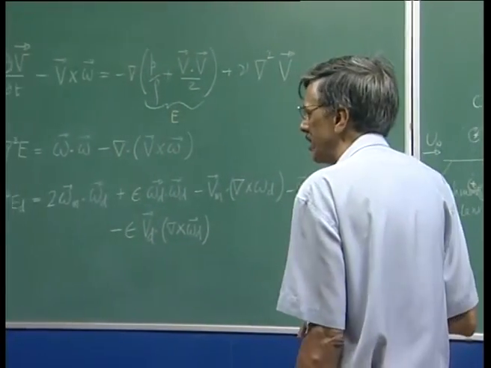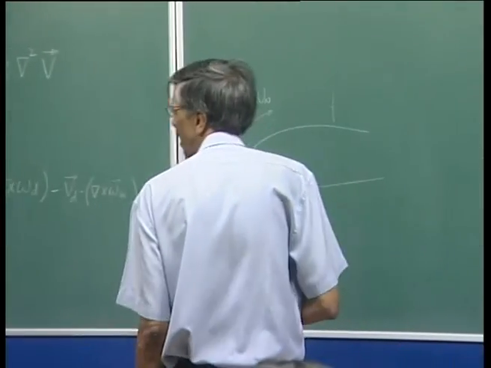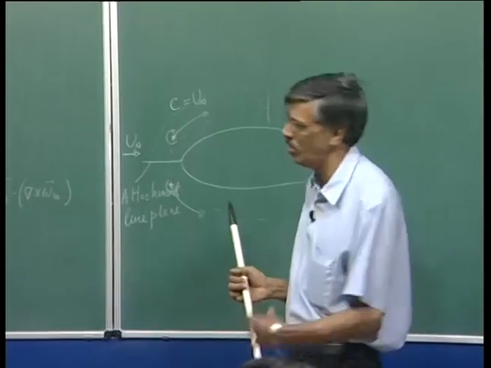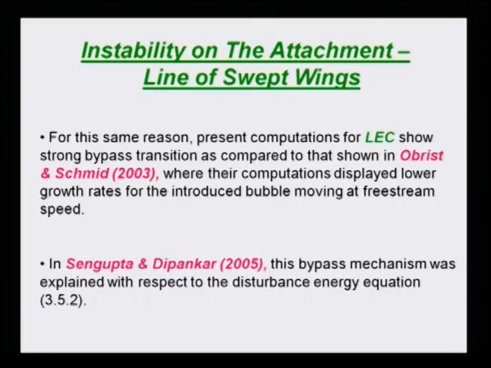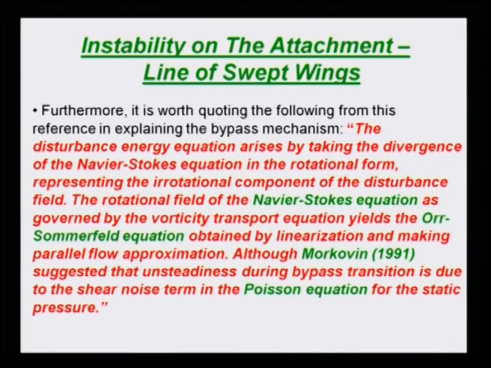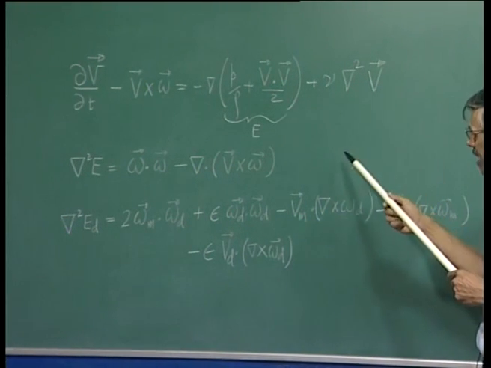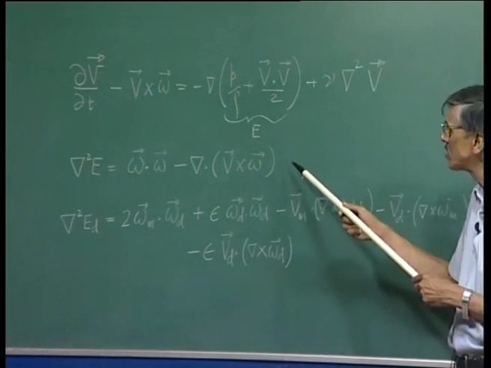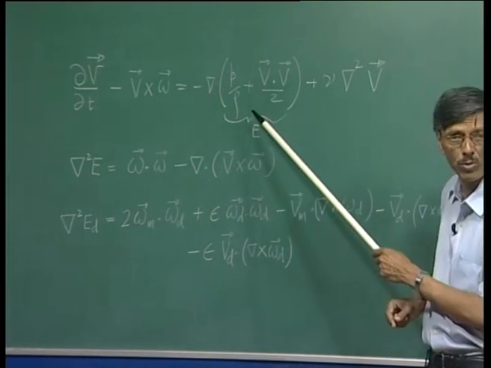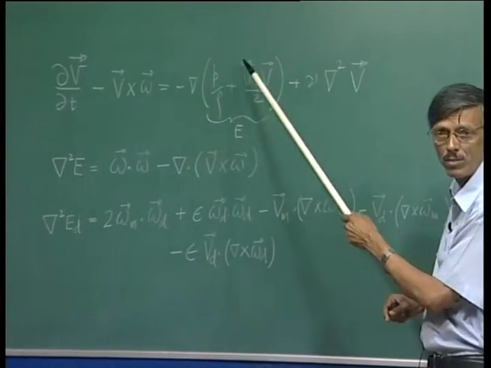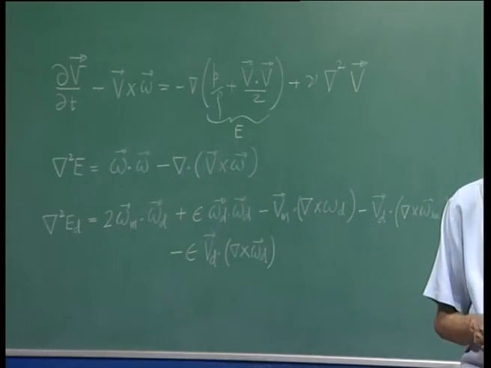And that bypass mechanism was once again explained in terms of the disturbance energy equation. Just to recall what we have done about the disturbance energy equation, we start off with the rotational form of the Navier-Stokes equation, then take a divergence of it. That gives us the spatial distribution of this total mechanical energy E, which is given by the pressure plus the kinetic energy head.